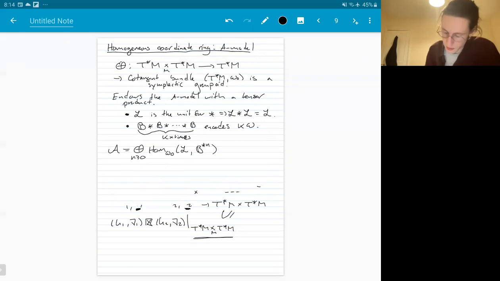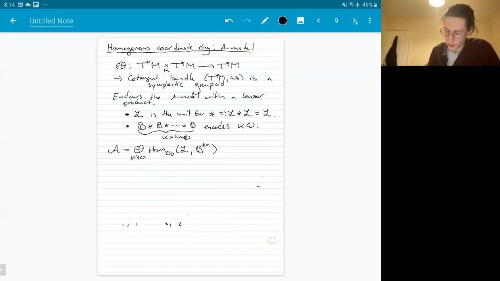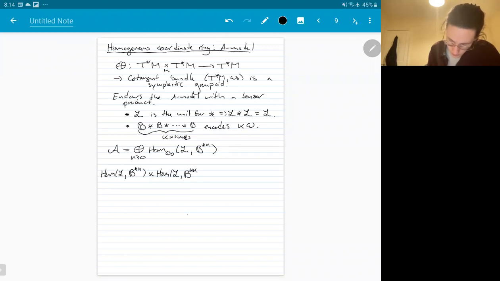But this kind of explains, from this perspective, conceptually, where the product comes from. Say you have Hom from L to B^N and Hom from L to B^K. Well, you can apply the tensor product to the maps, and it will send you to Hom from L tensor L to B^N tensor B^K.